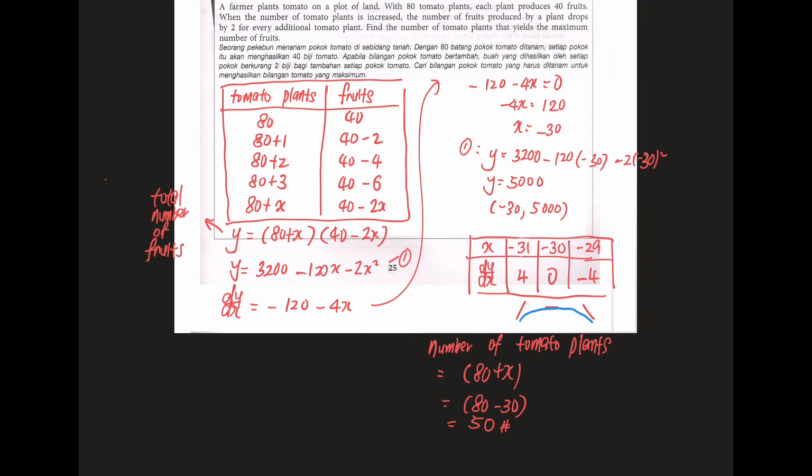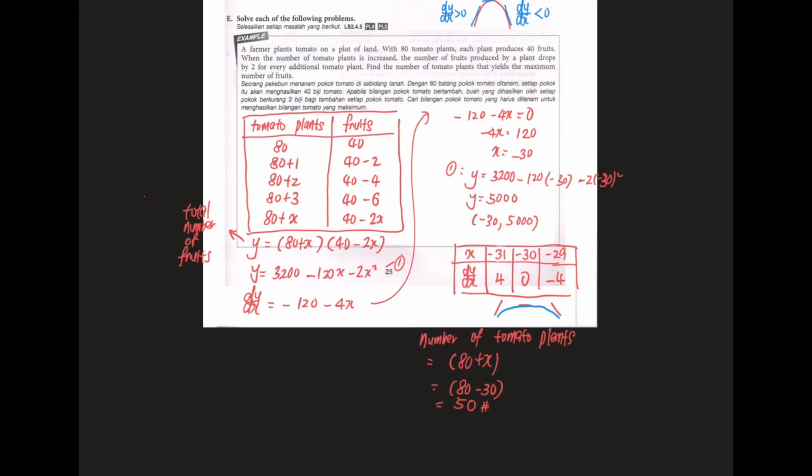Now I tell you one more method here. From what we learned just now, we already understand something. We know that from y equal to f(x), you do dy over dx equal to f prime of x. Then you let dy over dx equal to 0, then you find x.